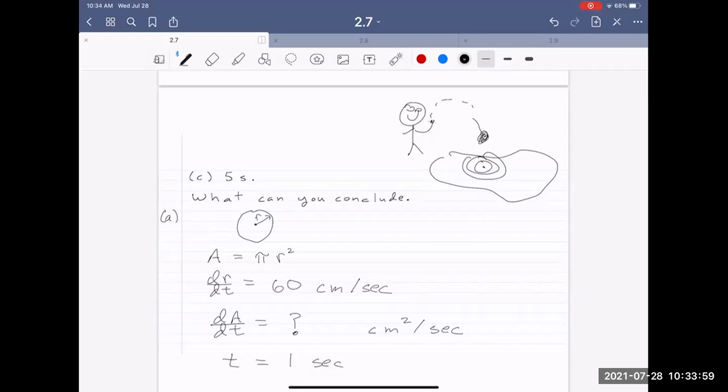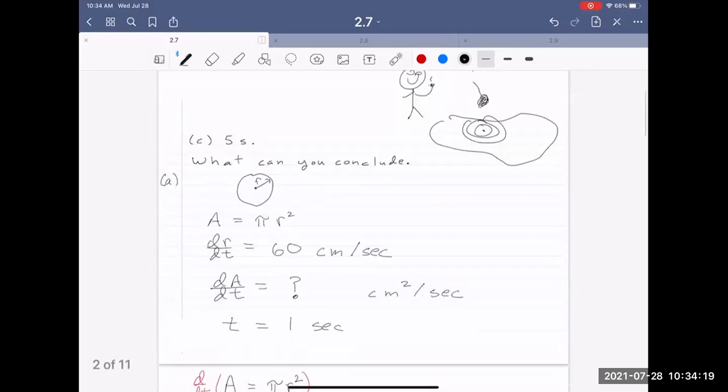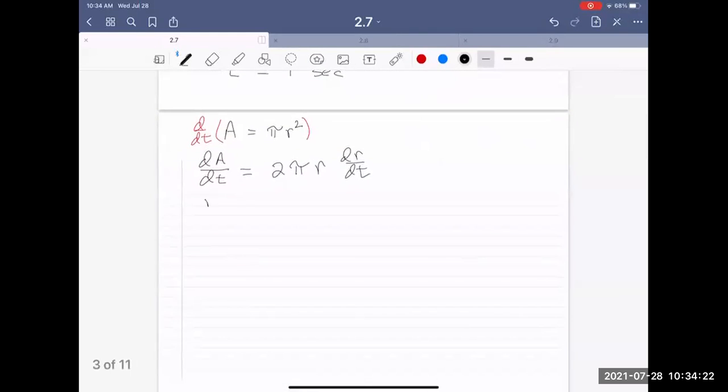At the very instant it hits the water, you don't have a ripple yet, because one molecule is touching another molecule. It hasn't had time to propagate this energy. So initially, the radius of this ripple is 0 centimeters.